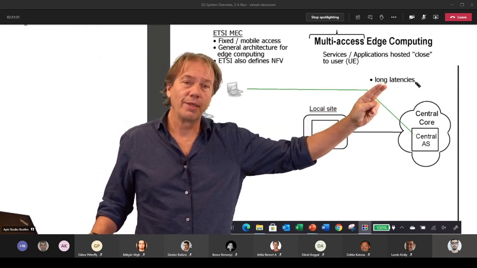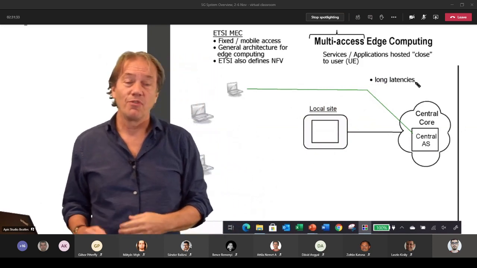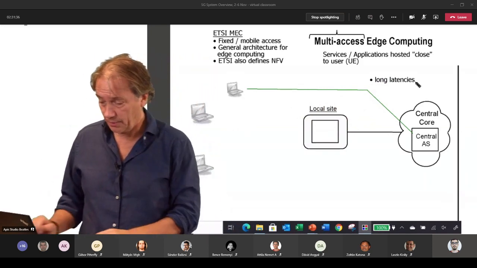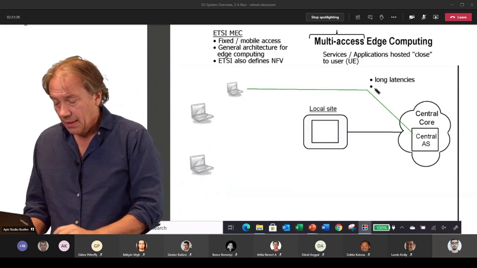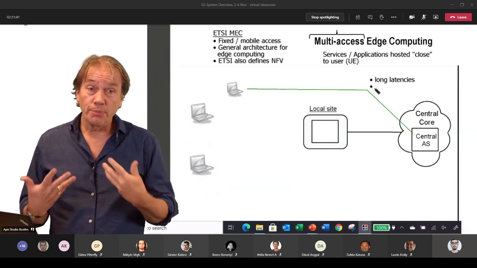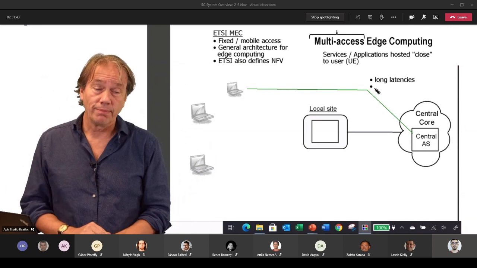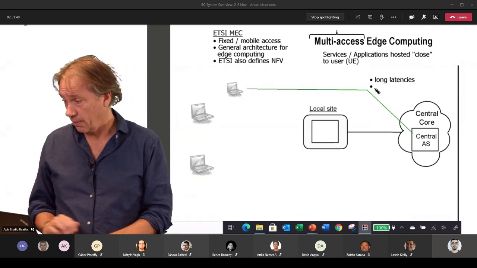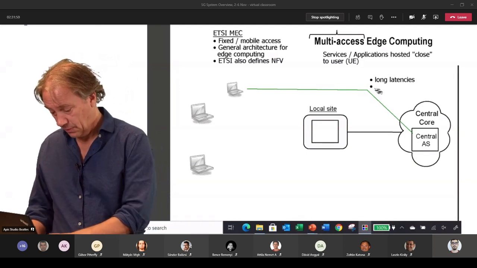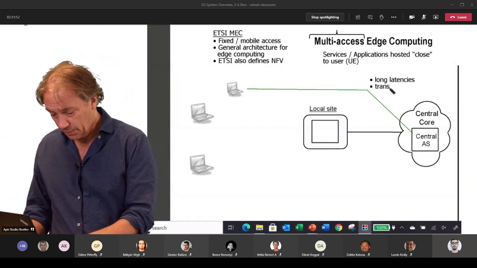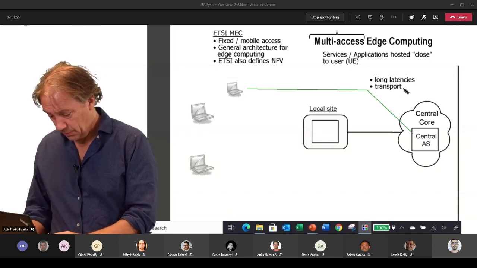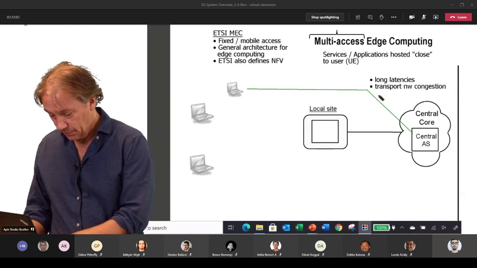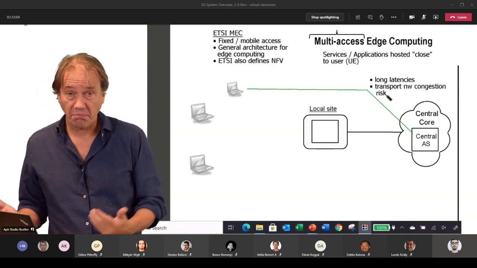I cannot give you any number for what long exactly means. And there's a risk that transport networks in different places in the network will be overloaded. Transport network congestion risk.